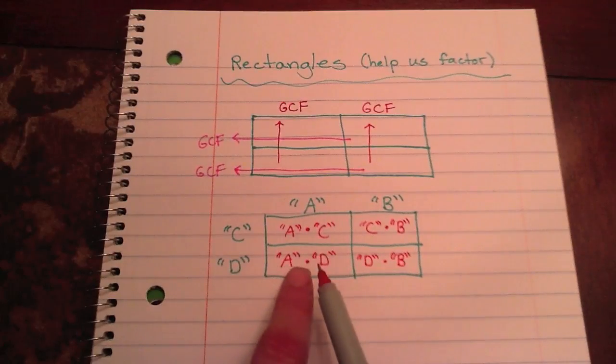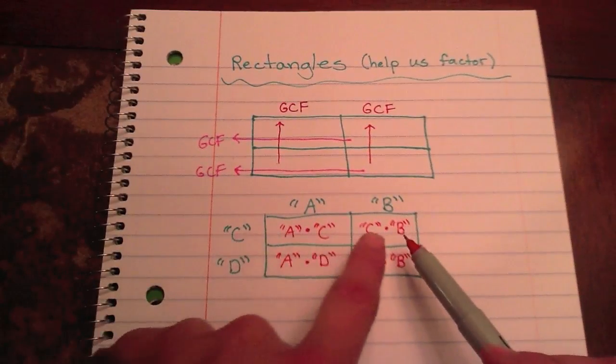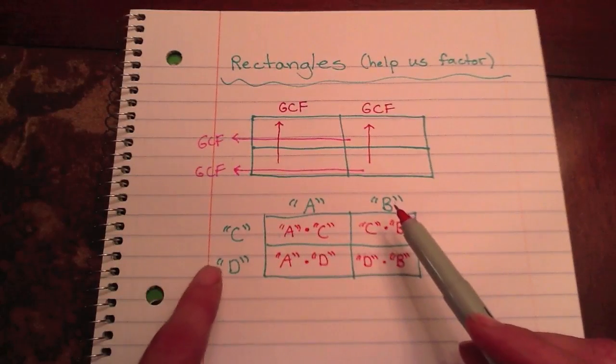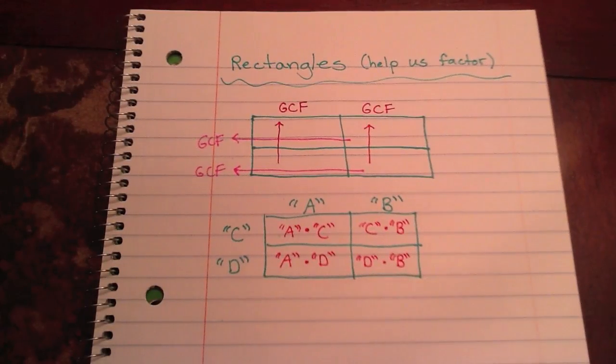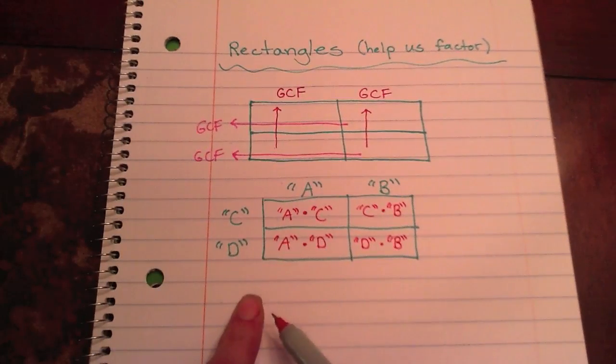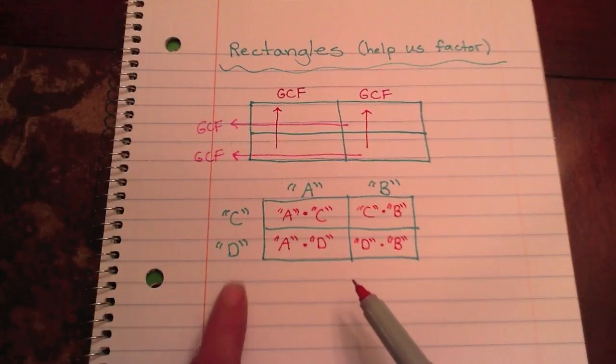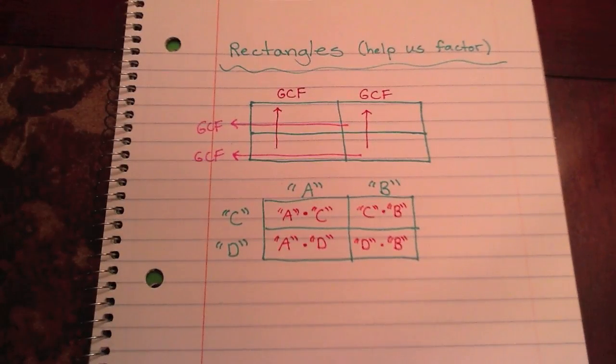A times D goes in this box, B times C goes in this box, B times D goes in this box. And again, you could continue this forever. I could continue drawing new sets of boxes and just adding new numbers or letters or terms and multiplying them and adding on to it. And you'll see why all of this is helpful later.